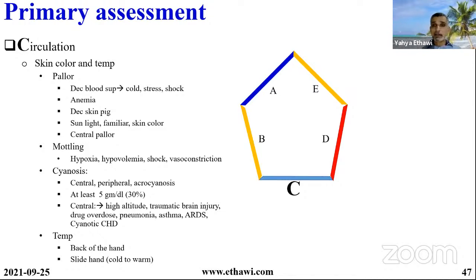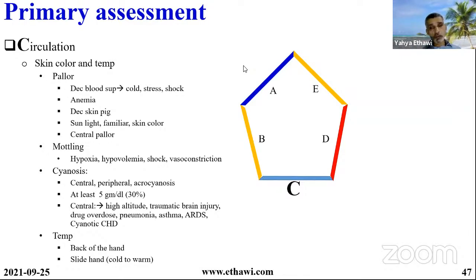Pallor means there is less blood going to the peripheries. It can be due to cold, stress, shock, anemia, or skin pigmentation, such as dark skin due to sun exposure. And for pallor, we have to say whether it is central or peripheral.